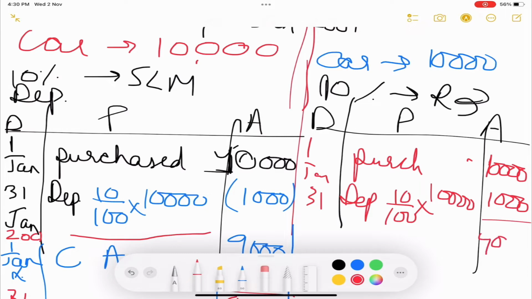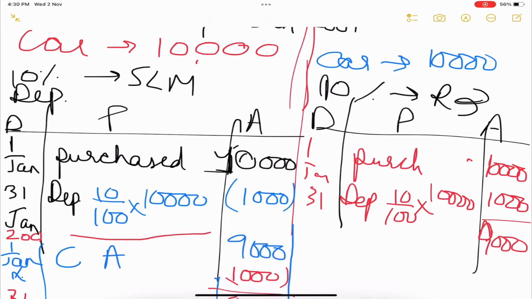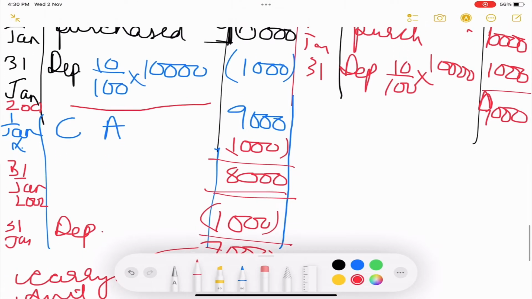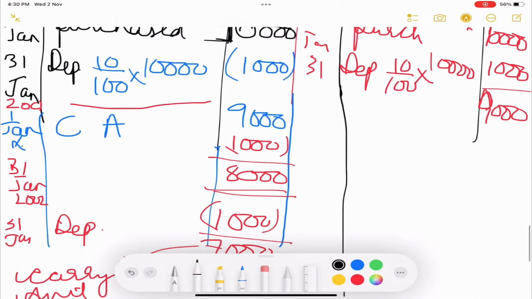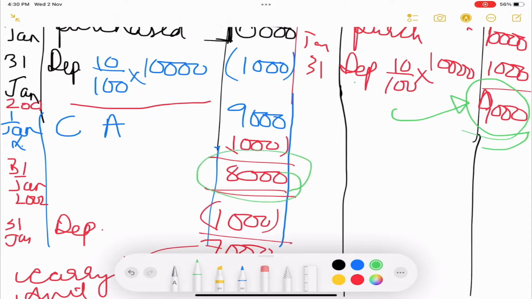That would be 10,000 minus 1,000, which would be 9,000. Now moving on, the next year, what would be the depreciation? Would it be 1,000 only? Would it remain the same, or now will it change? Now it will change. Whenever you are doing a question on the reducing balance method, we will always calculate the depreciation on the carrying amount.